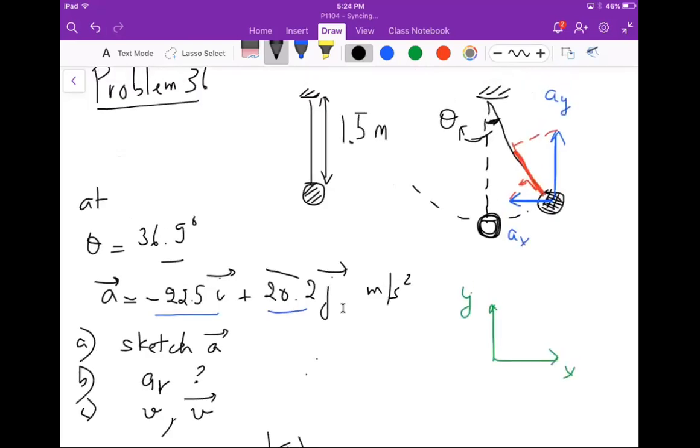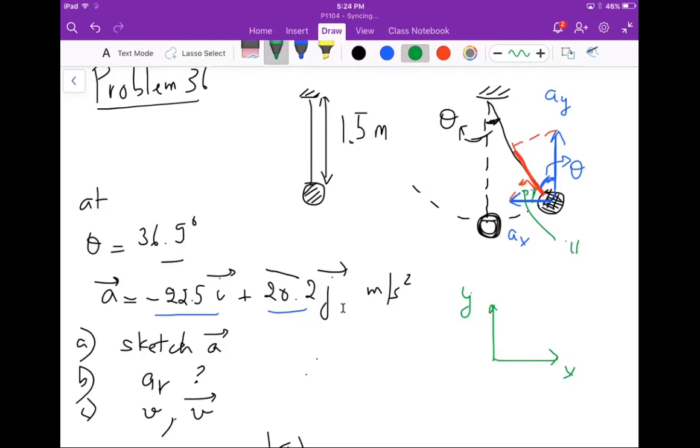This is AX in here, and this is AY. So the angle theta, which is here, becomes over there, because they are just opposite angles. So this angle becomes pi over 2 minus theta.